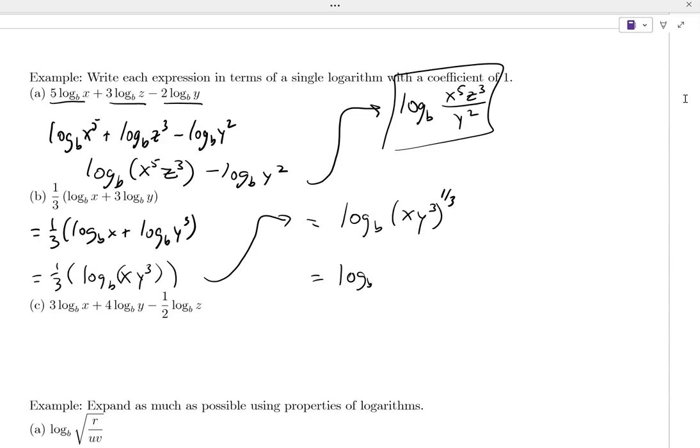So you could rewrite that inside as, you don't have to, but you could certainly rewrite that inside as x to the 1/3 times y, because you can distribute that exponent to each one. Instead of multiplying, or plus sign, but you couldn't do that. Work on that next part for a minute. We'll chat about it, and then we'll be done for the day.